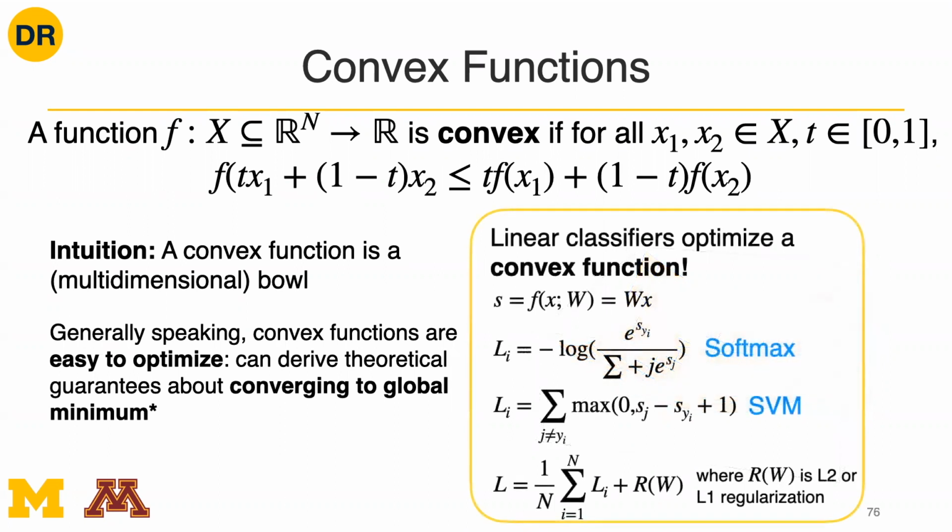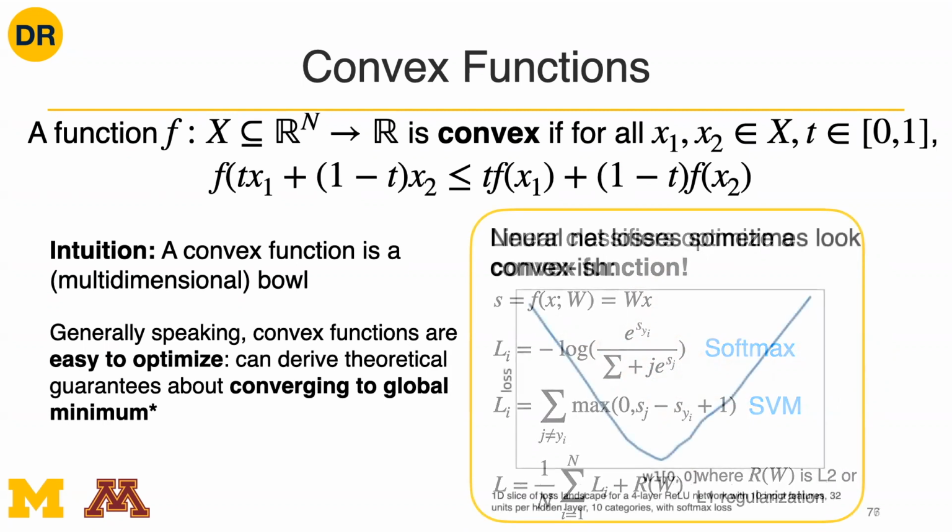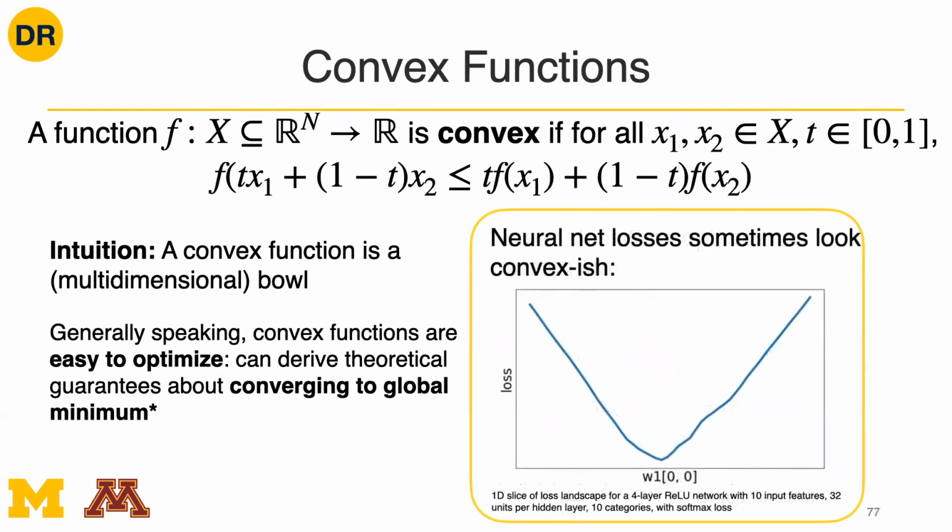The functions that we talked about in linear classifiers are convex, and that's why people like to use linear classifiers, whereas neural networks are not convex. Here is a 1D slice in the landscape of a 4-layered ReLU network. Here it looks convex-ish in that one-dimensional slice. We have multi-dimensional input, so we are taking a particular slice of that input dimension.